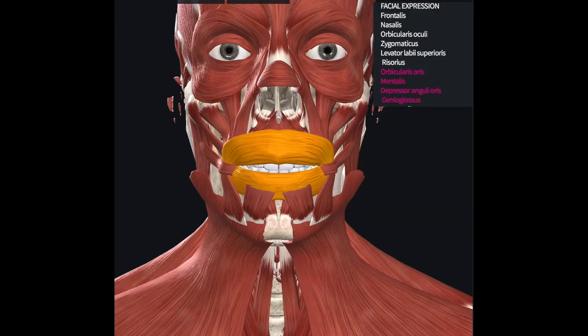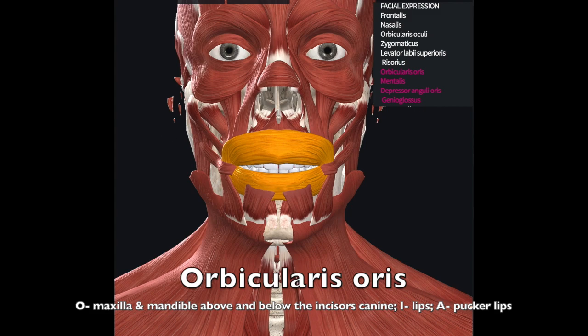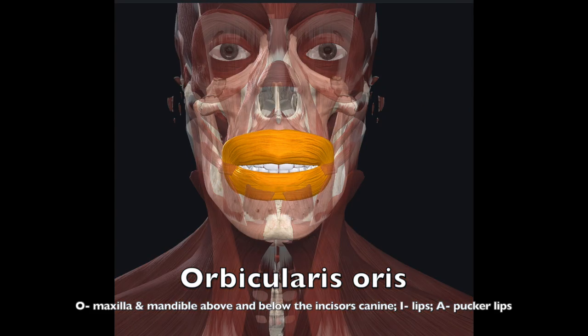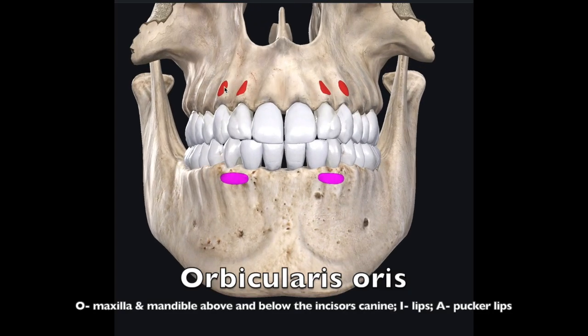The last of the muscles for facial expression involve opposing action of that of the smiling muscles. The first is the orbicularis oris. It is a circular muscle whose origin is on the mandible and maxilla. It has two locations on either side of the mandible and maxilla.